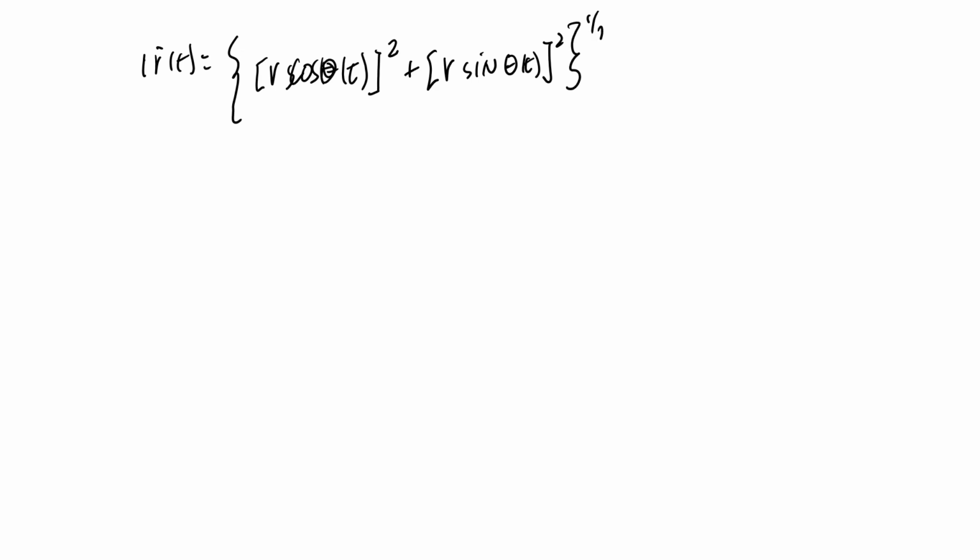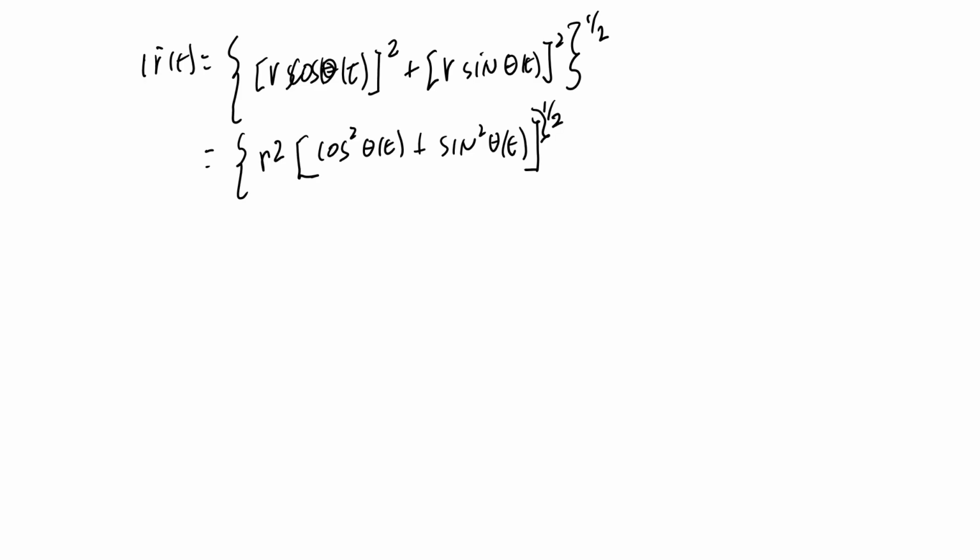Now we can factor out an r squared, and that's going to be equal to cosine squared theta of t plus sine squared theta of t.